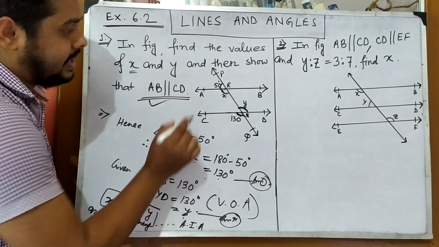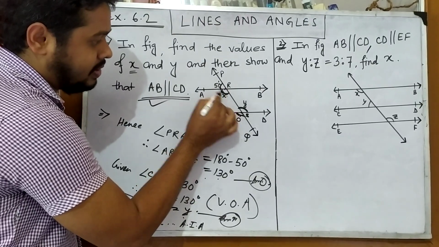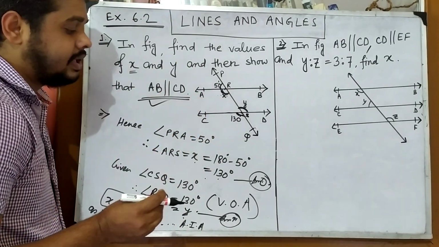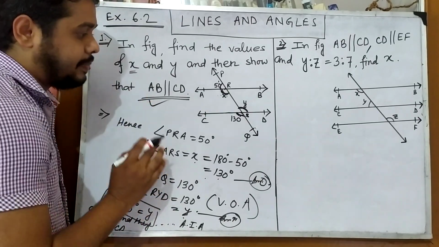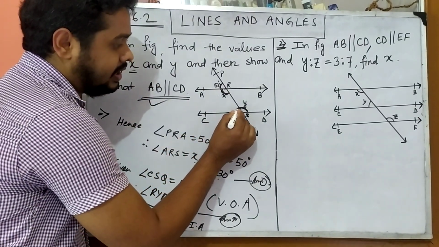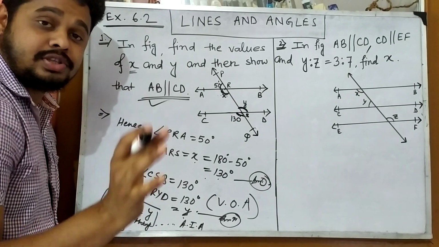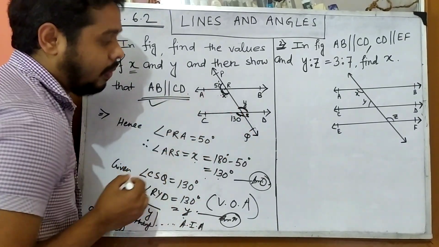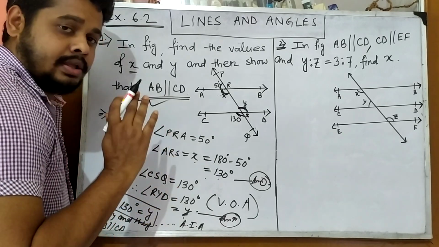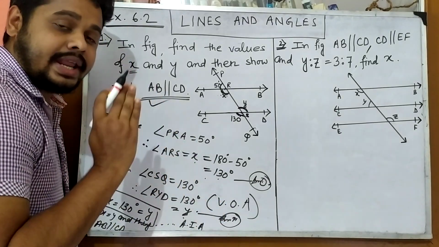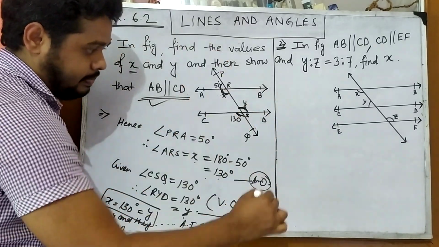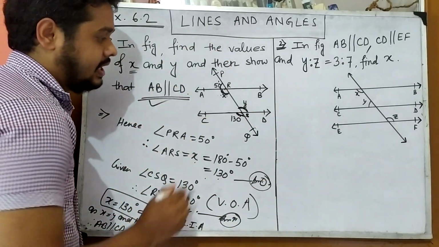I repeat once again. This one is 50, therefore this one is 180 minus 50, that is 130, by which property? Angle sum property. And this one is 130, this one is also 130, by which property? Vertically opposite angles. Now x and y are alternate interior angles when AB and CD are two lines and PQ is the transversal.